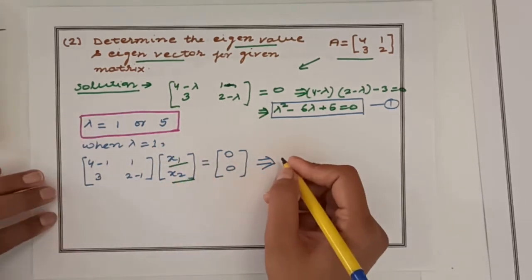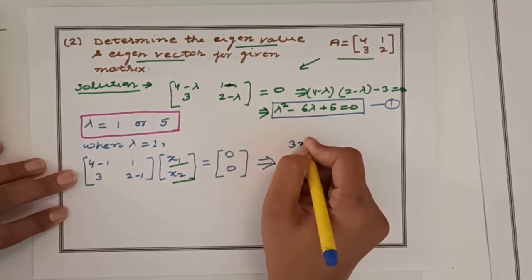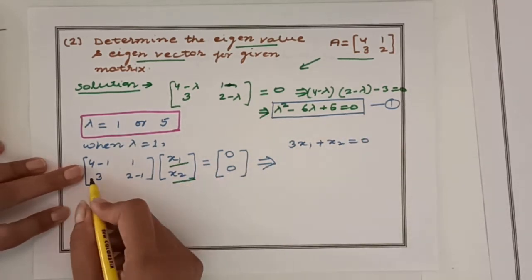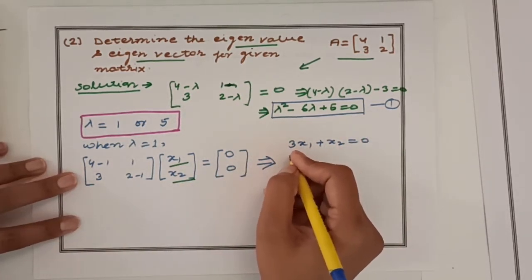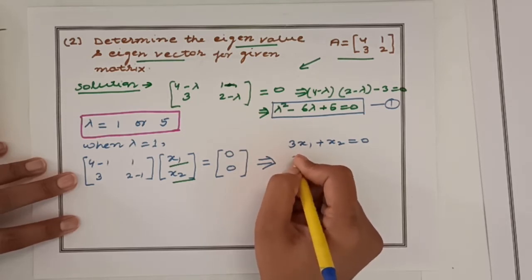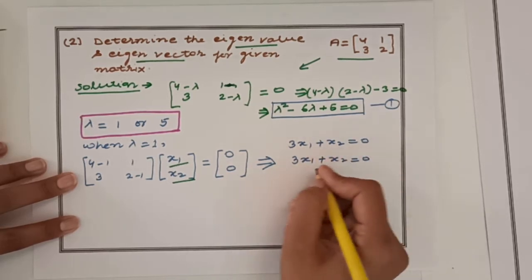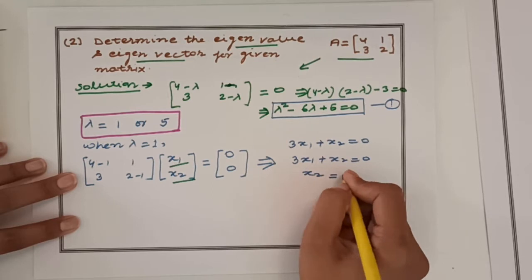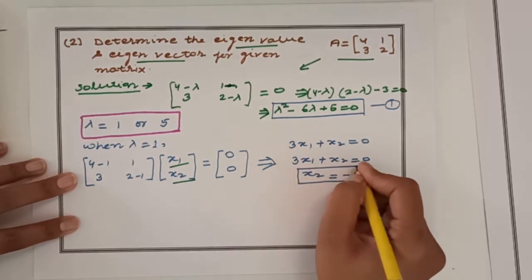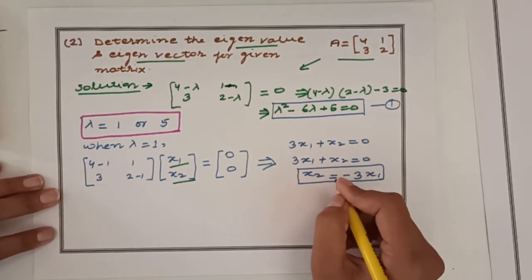To simplify it further, you will be getting two equations: 3x1 plus x2 is equal to 0 and 3x1 plus x2 is equal to 0. So here x2 will be minus of 3x1. Now you need to determine certain values of x1 and x2.